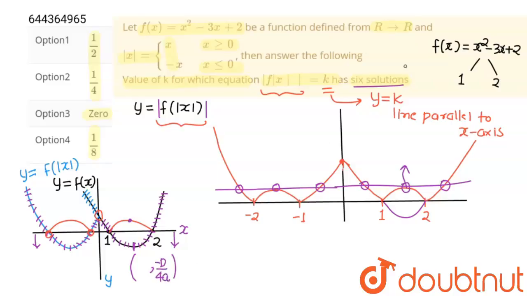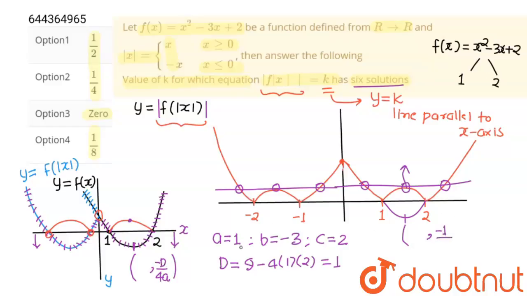Now in this quadratic, the value of a is 1, the x square coefficient is 1, the value of b is minus 3, and the value of c is 2. So when I calculate D, b square, that is 9, minus 4 into 1 into 2, this will become 1. So the y coordinate will be minus D, so this is minus 1 upon 4a. a is 1, 4.